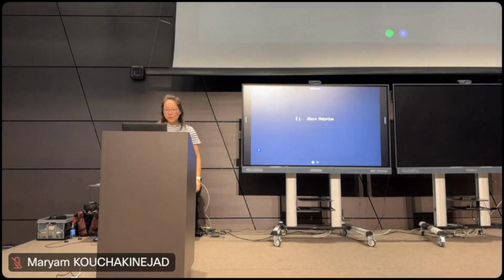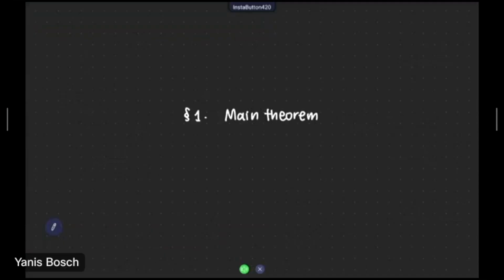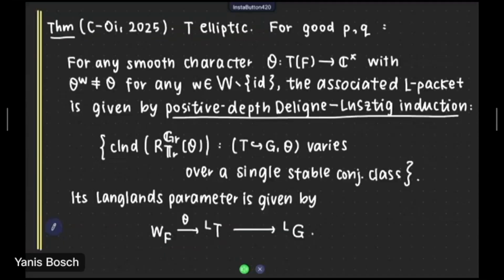Okay, so now I come to the main theorem. This theorem gives a definitive answer to the question of what positive depth Deligne-Lusztig induction gives you, especially from the perspective of the local Langlands conjectures.